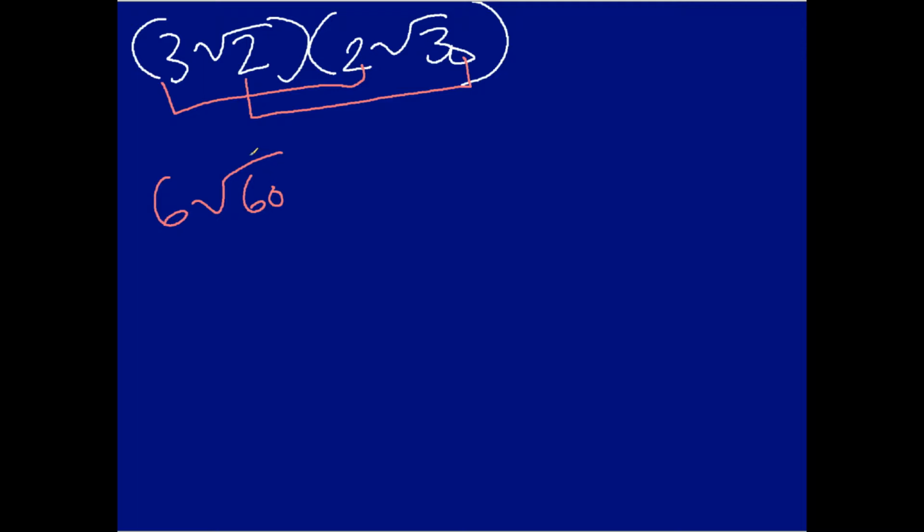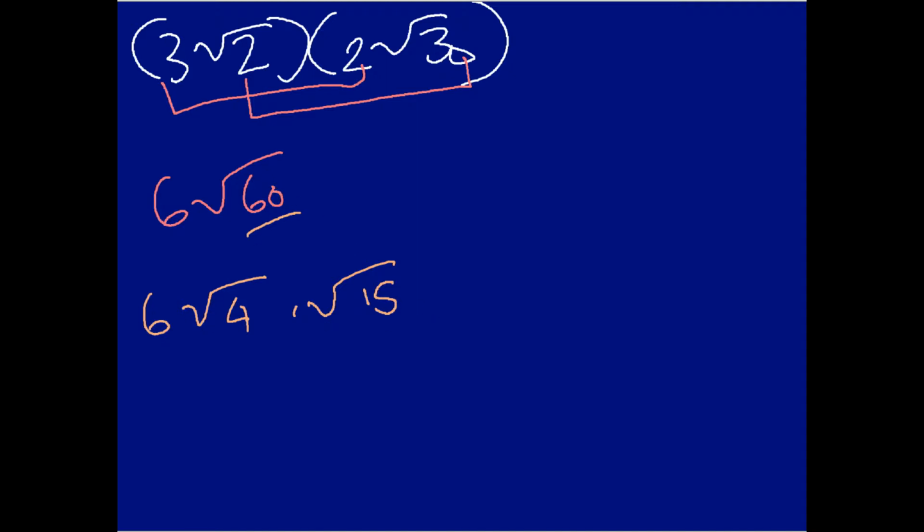Now we're not quite done because we can, of course, simplify this square root of 60. There are lots of ways to do this, but one way is as follows. I would have 6 times the square root of 4 times the square root of 15. Why did I do that? Because 4 times 15 gives me 60.